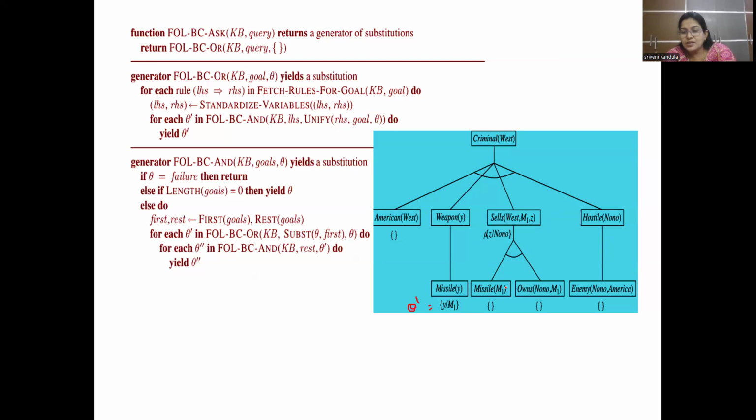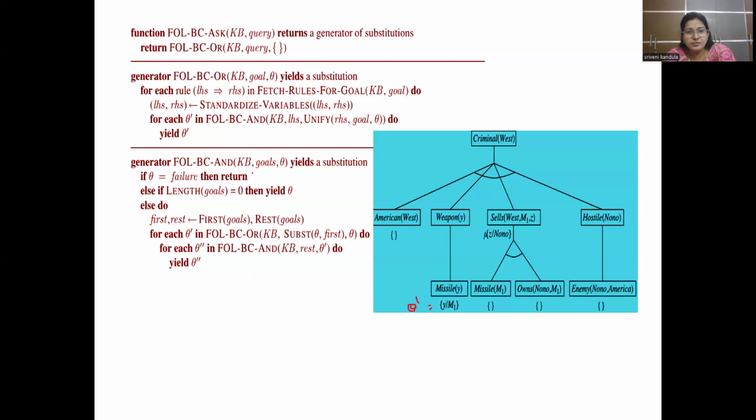Nowhere do I have the same name for two different purposes. So in owns, if you check, I have no M1. And in enemy, if you check, I have no America. So here I have American of West. So if you see all these literals, all are distinct. So we are not repeating any variable for two different purposes. Okay, so that is what is done in this first part.